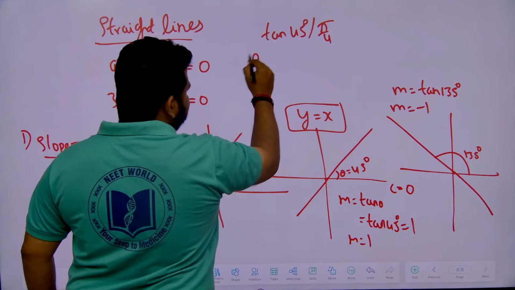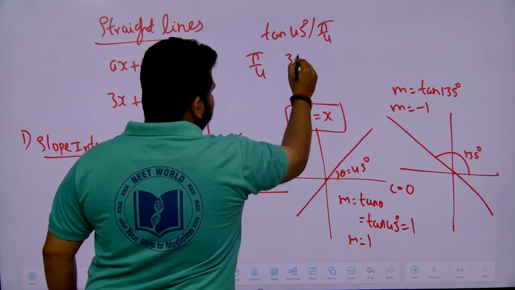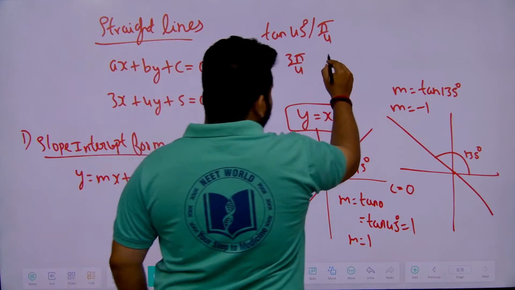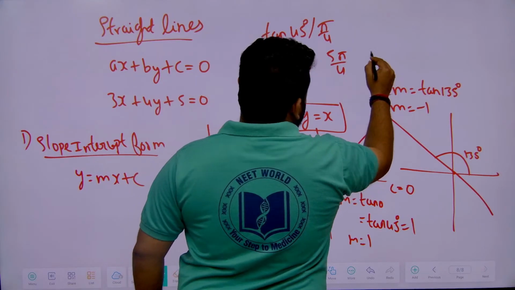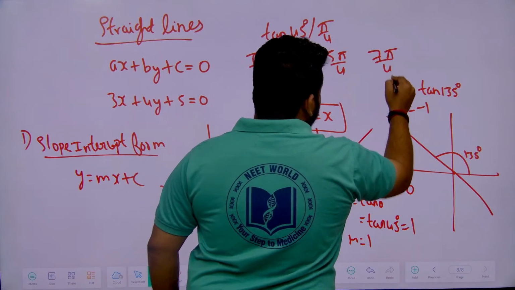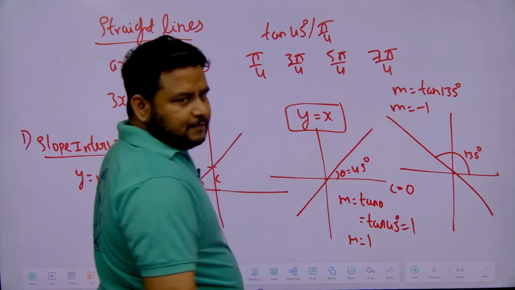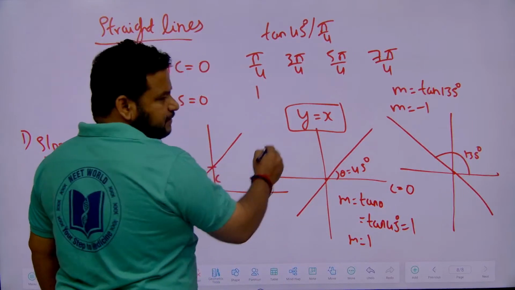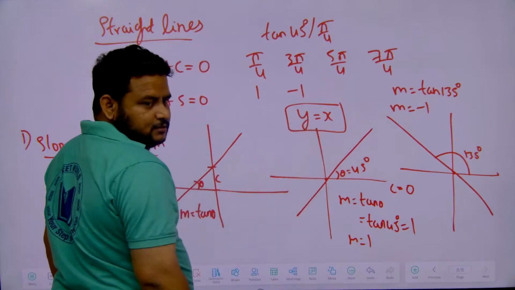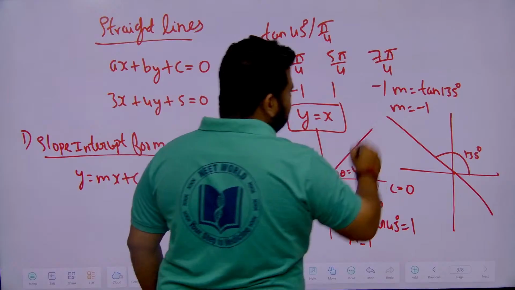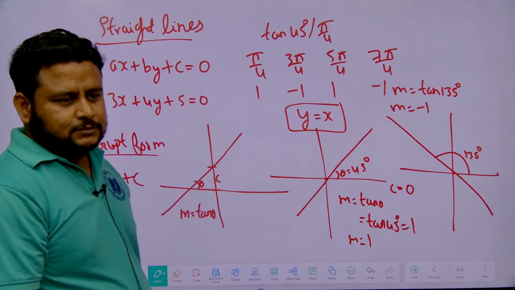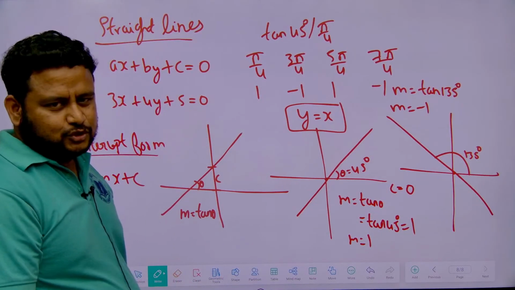Pi by 4, next is 3 pi by 4, next 5 pi by 4, and next 7 pi by 4. Pi by 4 is 1, 3 pi by 4 is minus 1, 5 pi by 4 is plus 1, 7 pi by 4 is minus 1. Understood? This one you should know.